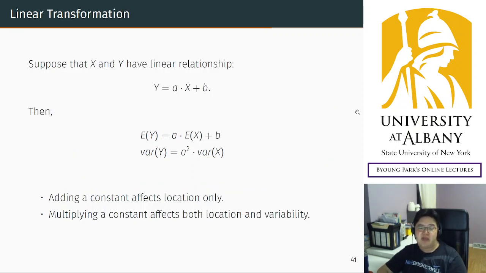So now let me make it a simple formula. Suppose that x is the original random variable and y is a transformation of x defined this way. Multiply by a number and add a number, right? And we already learned that the mean preserves that relationship.